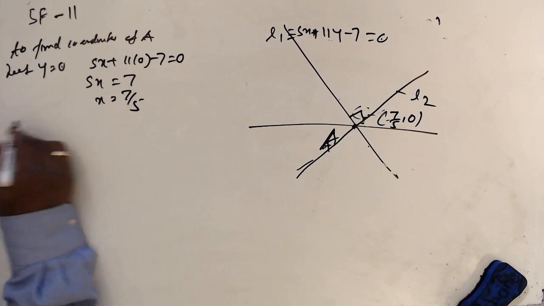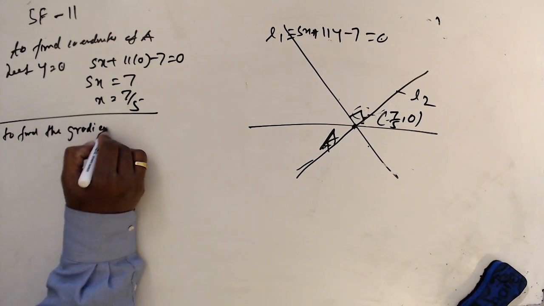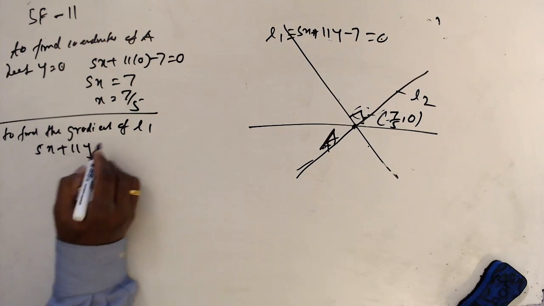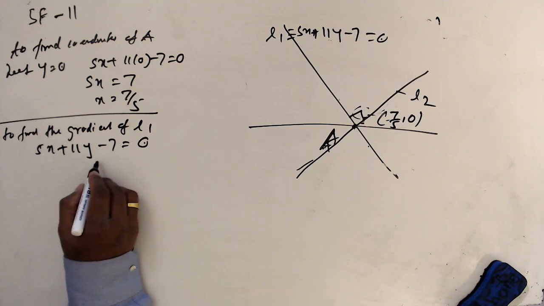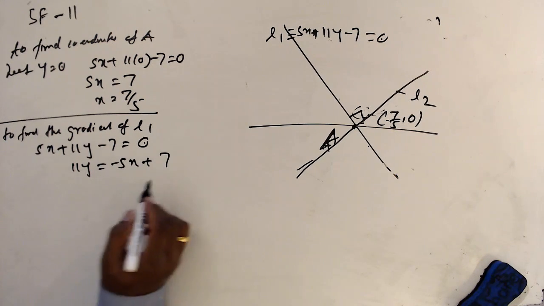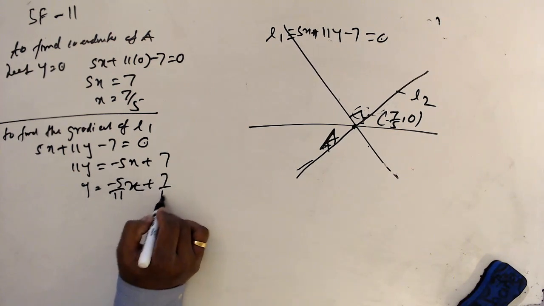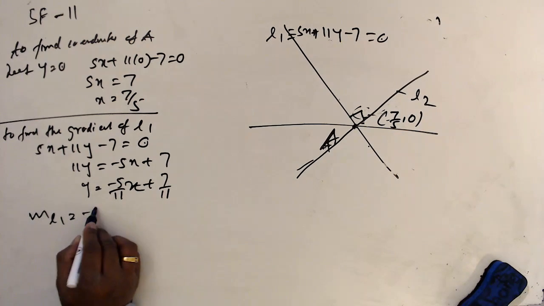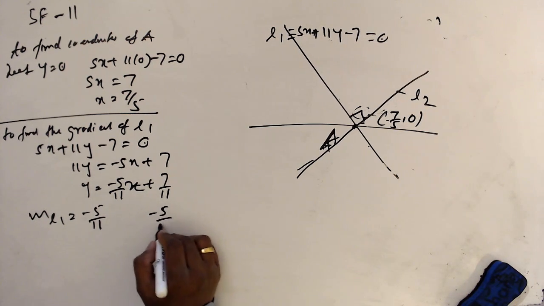Now, to find the gradient of L1, 5x plus 11y minus 7 equals 0. 11y equals minus 5x plus 7. y equals minus 5 over 11 x plus 7 over 11. So the gradient mL1 is minus 5 over 11.